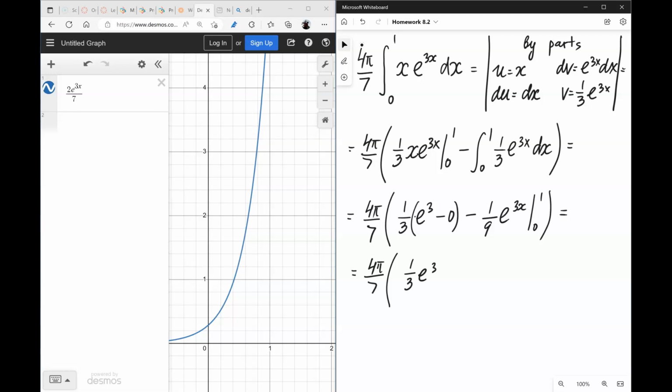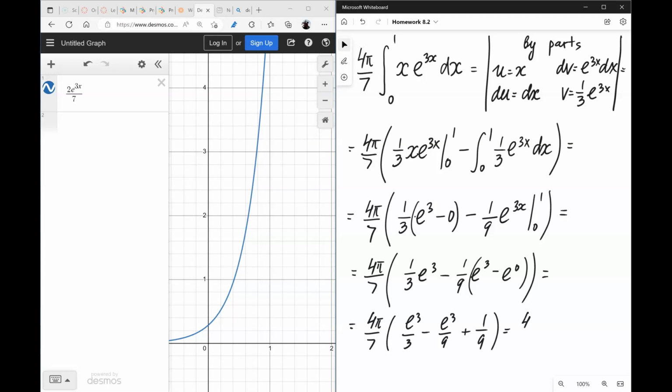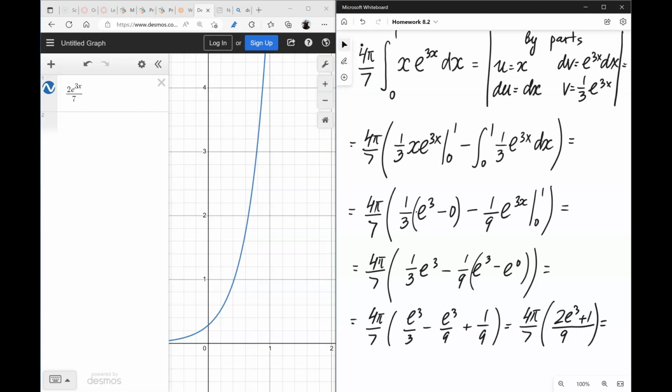We have this, and we have 1/9 e cubed minus e to the 0, and this is just basic simplification: 4 pi over 7 times e cubed over 3 minus e cubed over 9 plus 1 over 9. So 4 pi over 7 times 2e cubed over 9, plus 1 over 9, and maybe one more tiny thing.